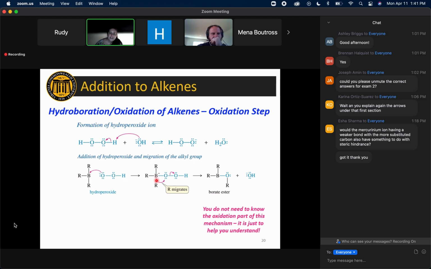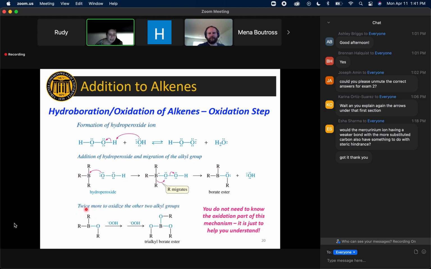This alkyl shift will result in breaking this oxygen-oxygen bond, which is a weak bond and so it's easy to break. This shift is going to create a new oxygen-carbon bond. It'll return an empty p orbital to boron. There will be an OH minus leaving group. This is called a borate ester. So overall, what we've done is taken a boron-carbon bond and stuck an oxygen right in the middle of that. So we've now got a boron-oxygen-carbon.